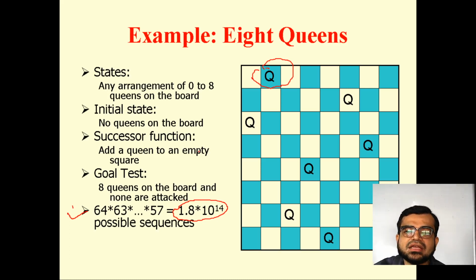If I shouldn't take those 21, then 63 minus 21 is 42, right? So only 42 sequences are available where you can successfully place it. 63 means 63 locations for the second queen are available, meaning you can violate in all the 63.